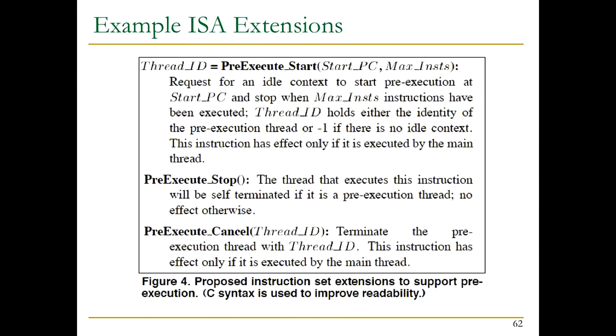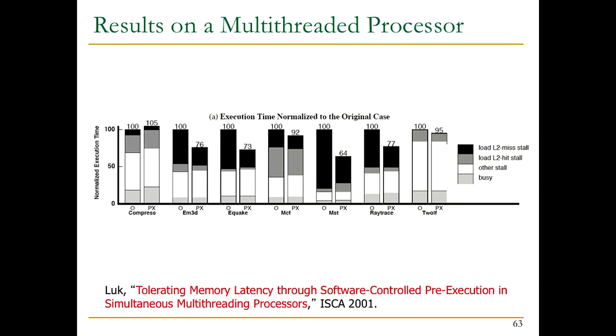And you can also explicitly stop the thread. And also, you can cancel, terminate somebody else can cancel the thread, right? That's why you have the handle for the thread ID. Okay, clearly this is in C syntax, but it's better that it's in C syntax and not ISA format.